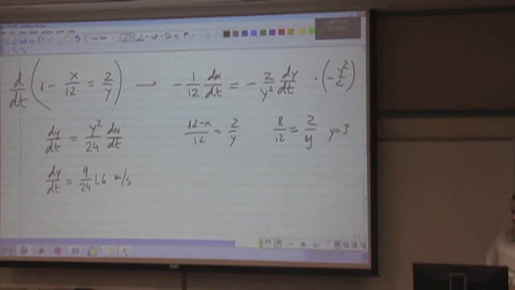Right? So let's see, dy over dt equals 9 over 24, that's 3 over 8, right? And 1.6 is just 16 over 10 meters per second. So 0.6 meters per second.